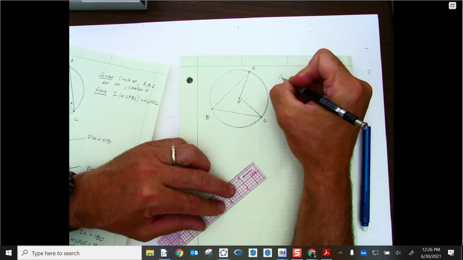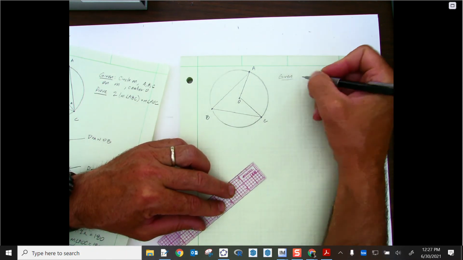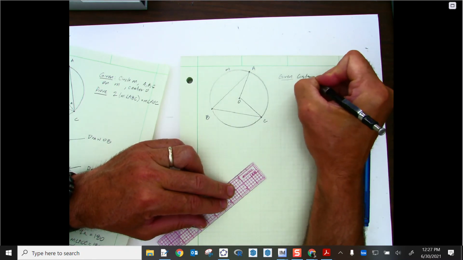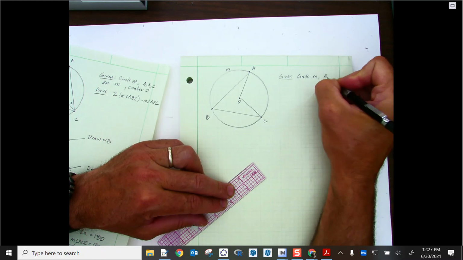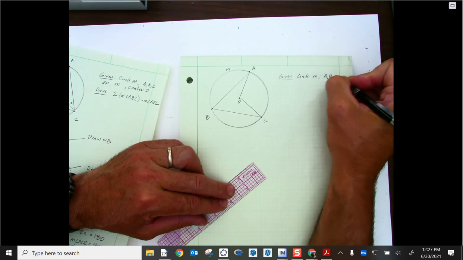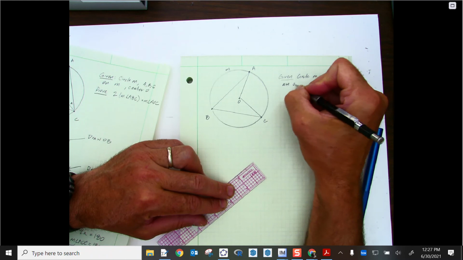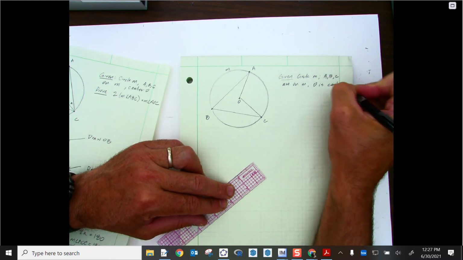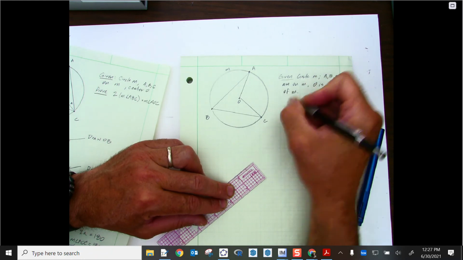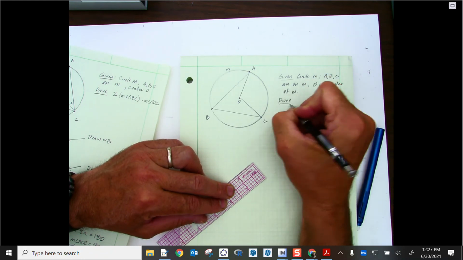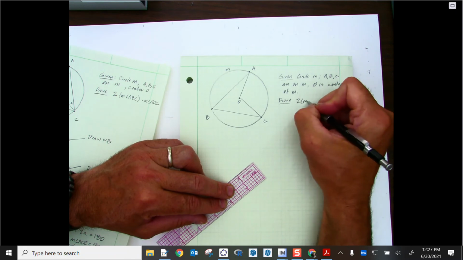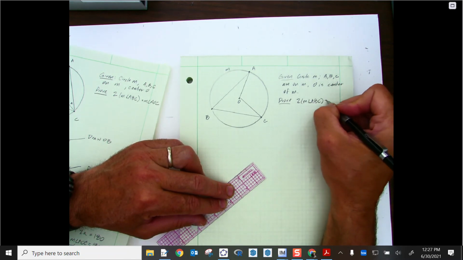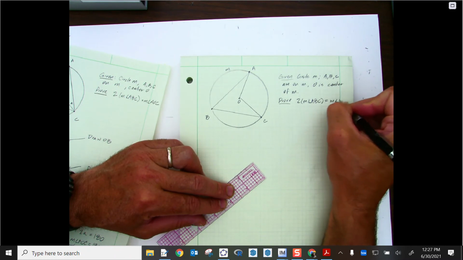So we're given that circle M, and A, B, and C are on M. O is the center of M. And what do we want to prove? 2 times the measure of angle ABC is equal to the measure of angle AOC.